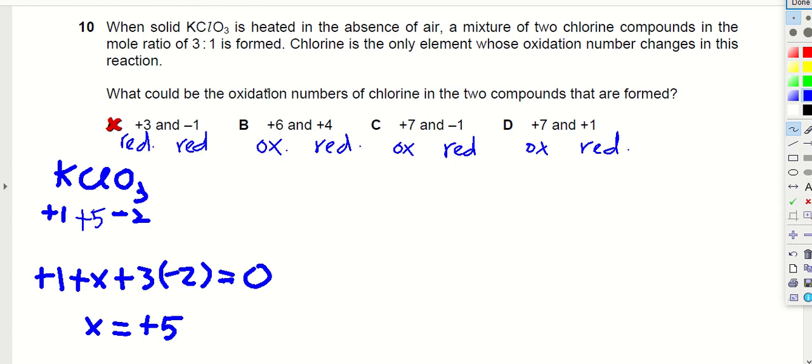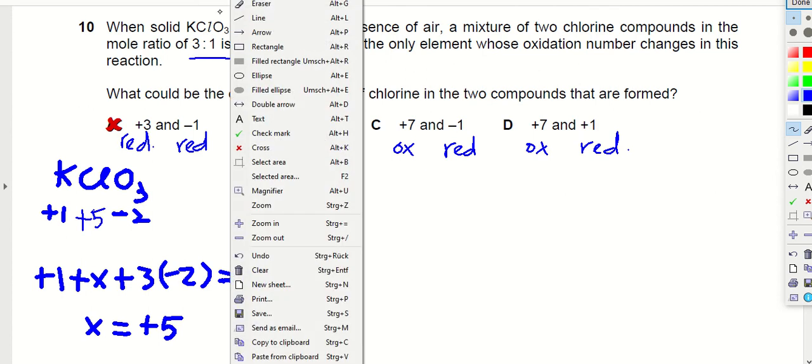So let's look at another piece of information. It says that the mixture of the two chlorine compounds is in the mole ratio of 3:1.